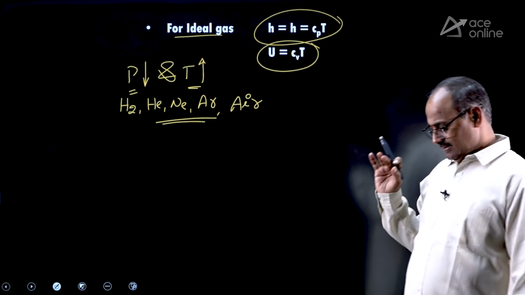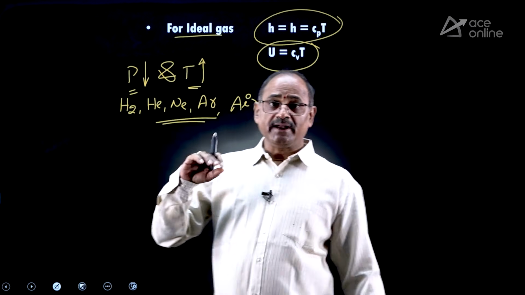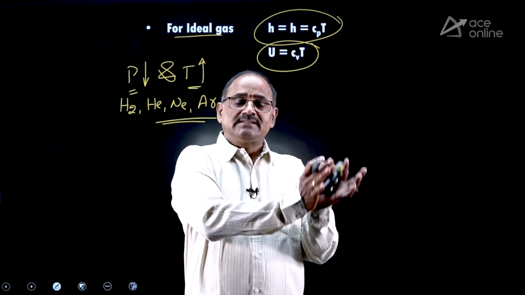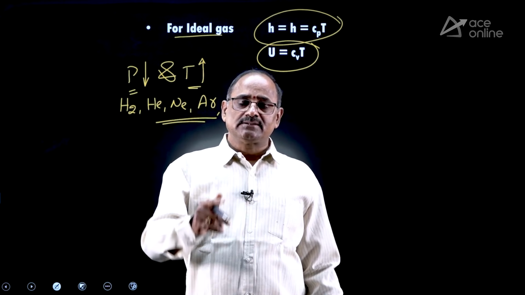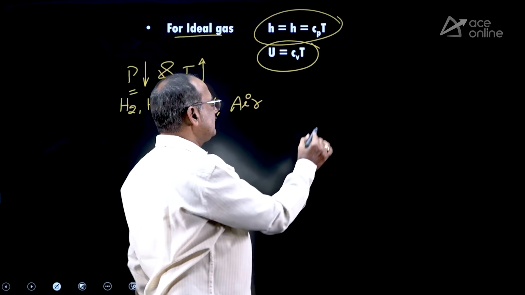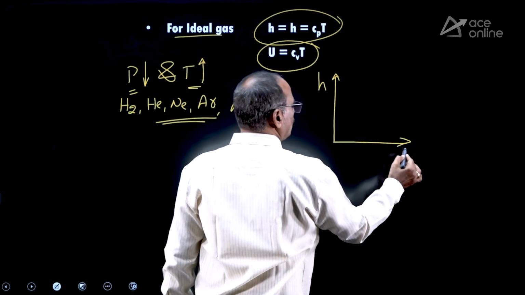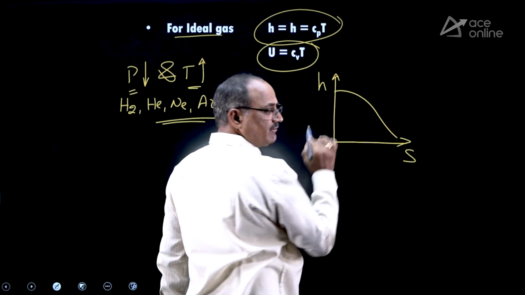The reason why the constant temperature, superheated temperature lines under low pressure region in the HS diagram are almost horizontal is, we are marking the enthalpy in the molar diagram. We are marking the enthalpy on the y-axis, entropy on the x-axis. This is the saturated vapor curve.